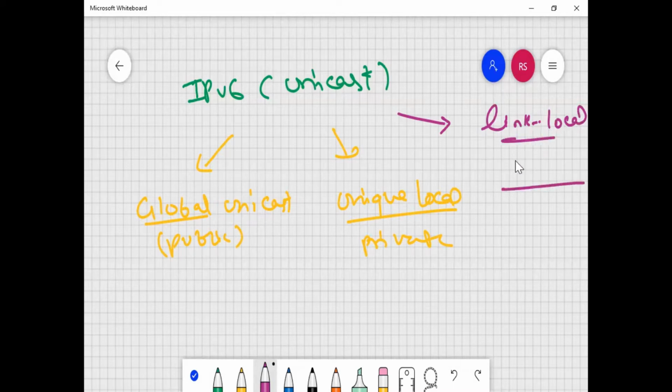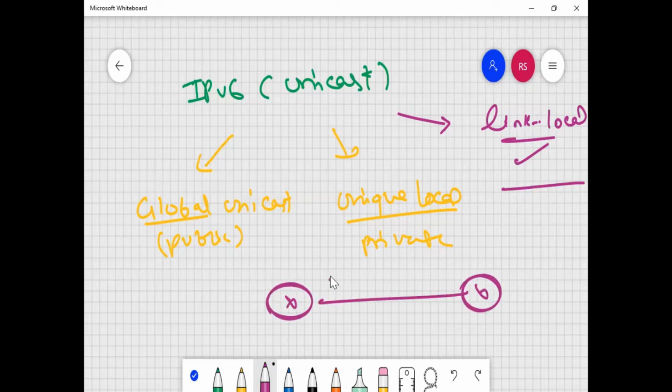By default, it gets assigned on each and every link. Whenever you are configuring an IP address on any interface, you can configure the public IP address, the private IP address, any IP address. You can configure more than one IP address on any interface.